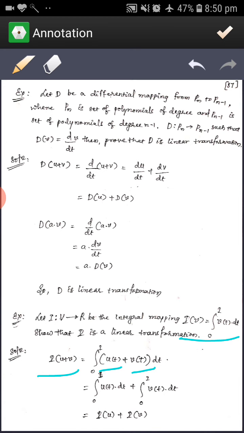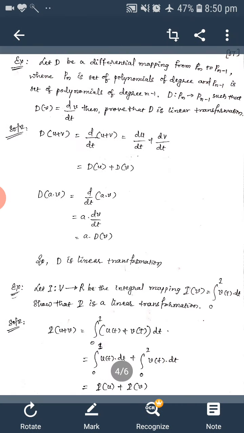If you take the integration inside, it will be the integral from 0 to 1 of u of t dt plus the integral from 0 to 1 of v of t dt. We know that the integral from 0 to 1 of v of t dt is equal to I of v, and similarly the integral from 0 to 1 of u of t dt is equal to I of u. So this shows that it is a linear transformation with respect to integration.